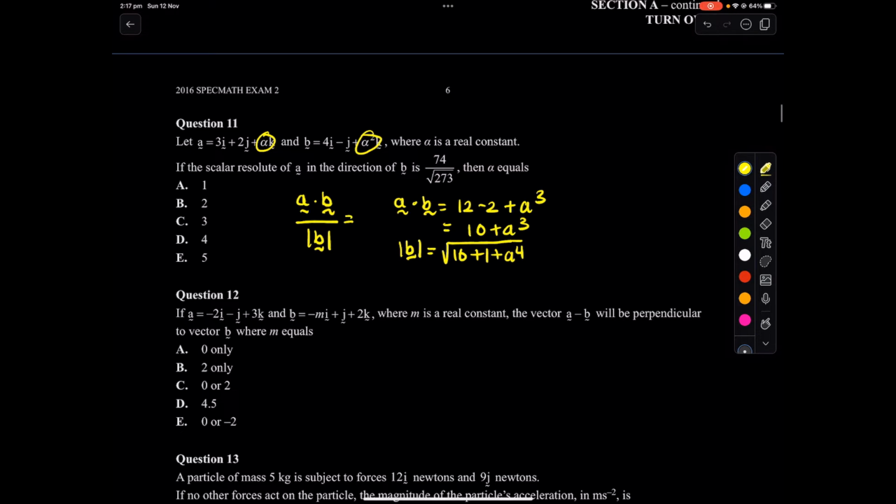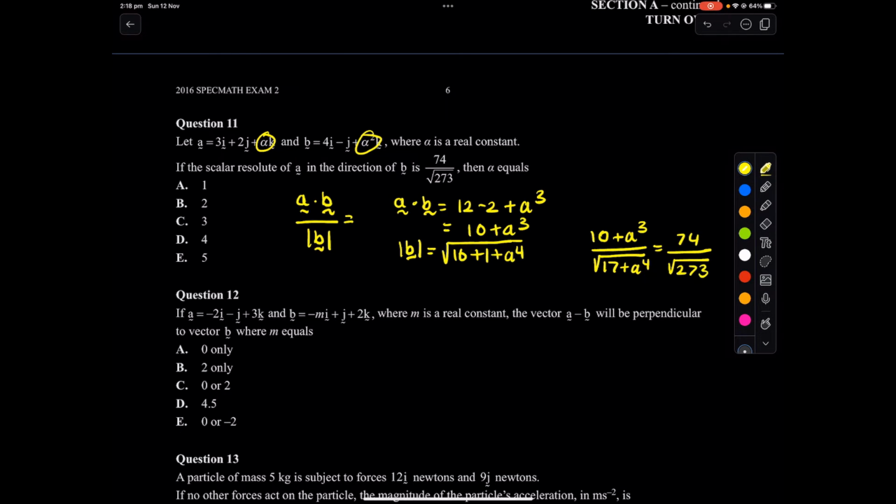So we're saying 10 plus A to the power 3 divided by the square root of 17 plus A to the power 4 should equal 74 over the square root of 273.